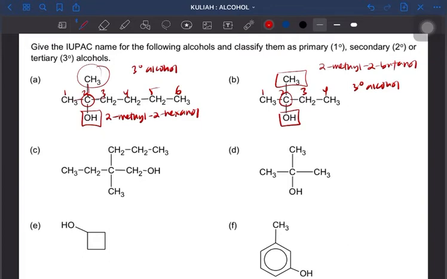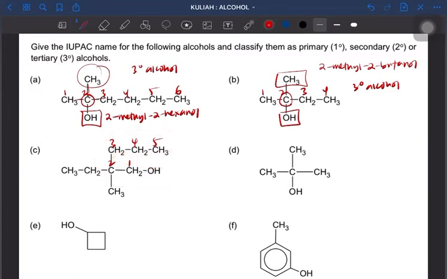Okay, let's look at C. We have 1, 2, 3, 4, 5. Okay, because here it is 1, 2, 3, 4, and here it is 1, 2, 3, 4, 5. So the longest chain with the OH is this chain.